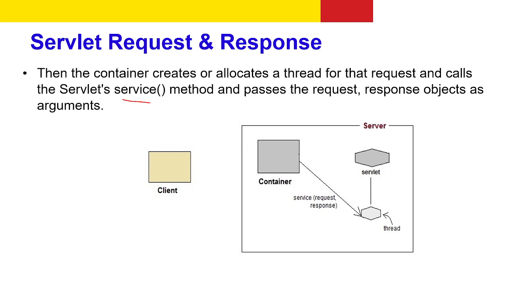The container allocates a thread for that request, calls the servlet's service method and passes the request and response objects as arguments. You can look here: the service method is called, passing request and response through the thread, and from the thread it is sent to the servlet.